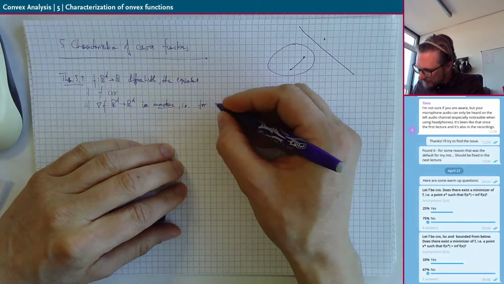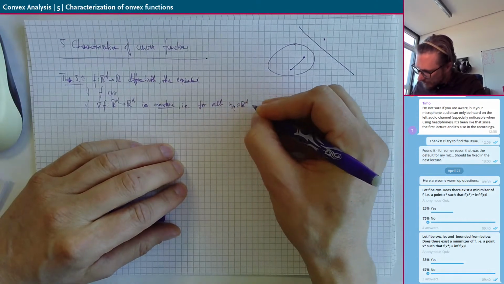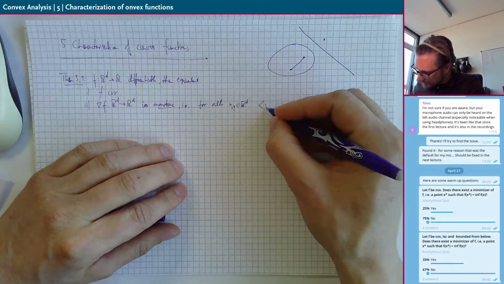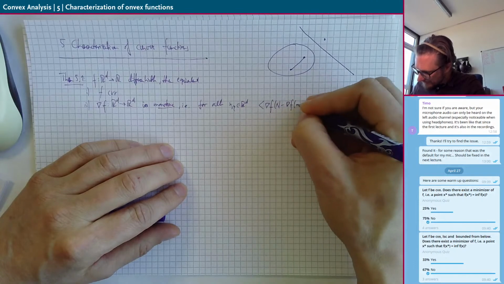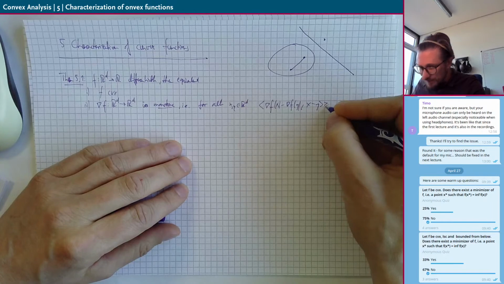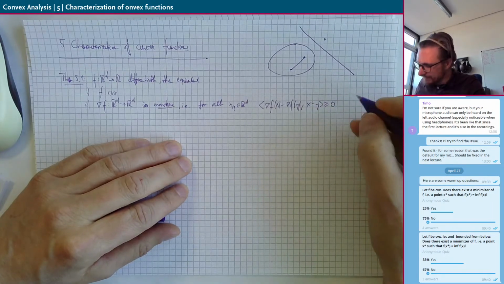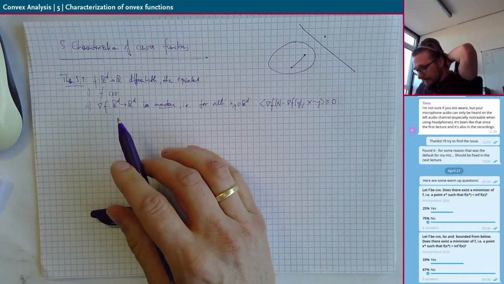And monotonicity means for all x and y in the domain, the inner product of the gradient of f at x minus the gradient of f at y with x minus y is always non-negative. This is monotonicity of functions from Rd to Rd.